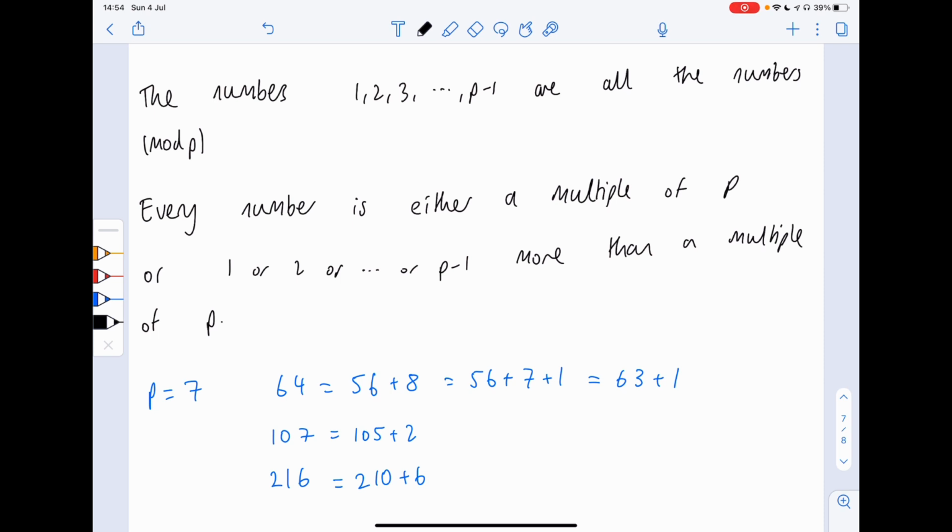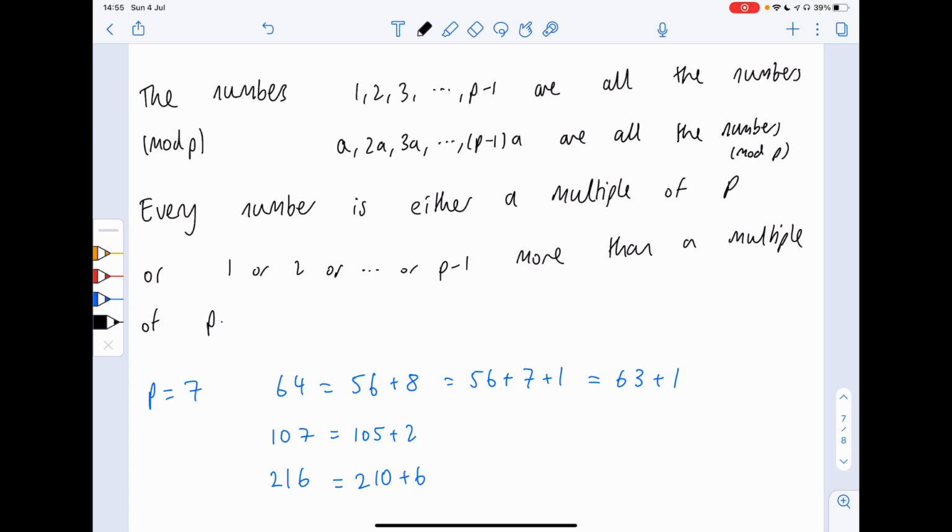So a, 2a, 3a, up to (p minus 1)a are also all the numbers mod p in some order. Okay, and this is just a fact that you kind of have to believe me on.